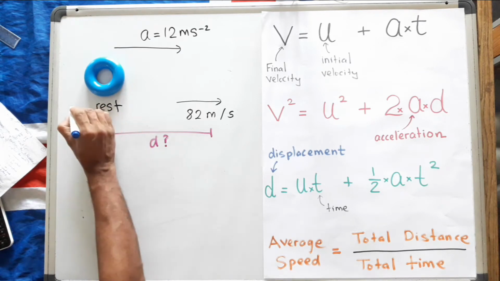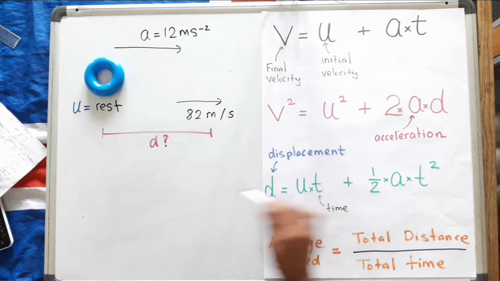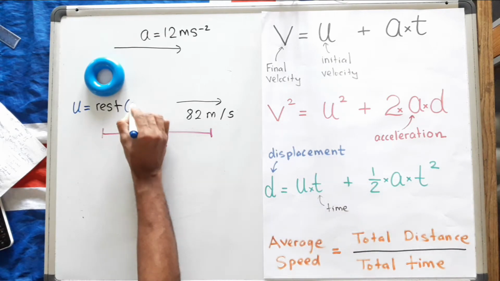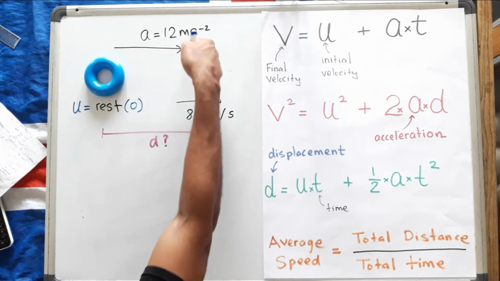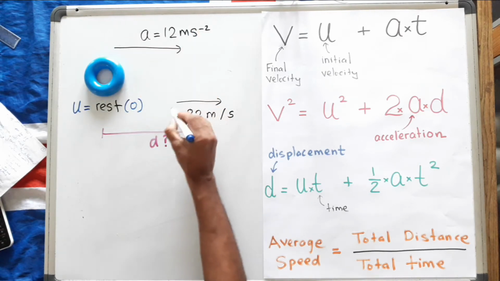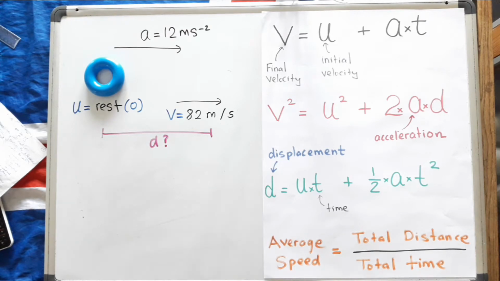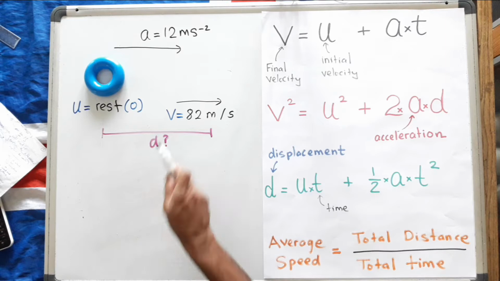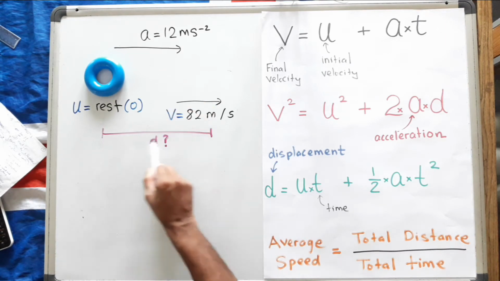It starts at rest, so the initial velocity, wherever you see a U, is really 0. That's what they're really trying to say. And because of the acceleration caused by the wave, it sped up to a velocity of 82 meters per second. So that's the ending velocity, and we are trying to find the distance.